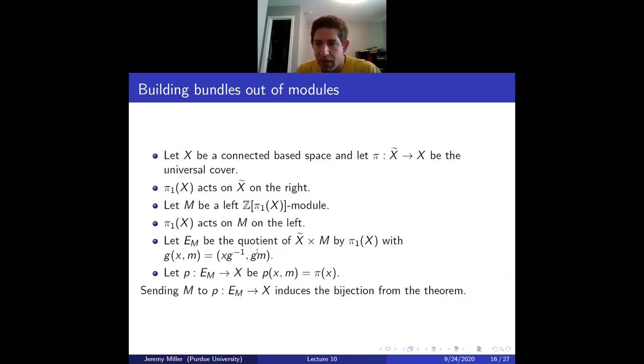The fiber could be Z or 0 or Z mod 2. So you probably want to fix an isomorphism type of the fiber. Then Z[π_1 of X]-module structures on M, where you fix an underlying abelian group structure on M, is the same thing as bundles of that fixed abelian group.